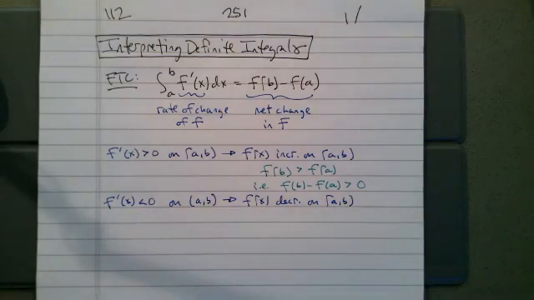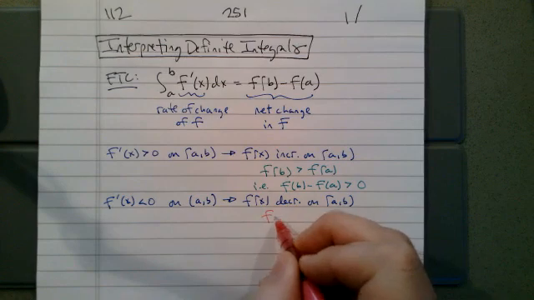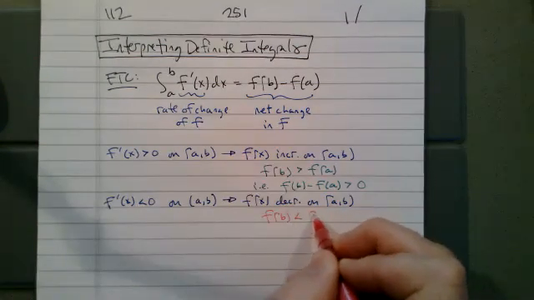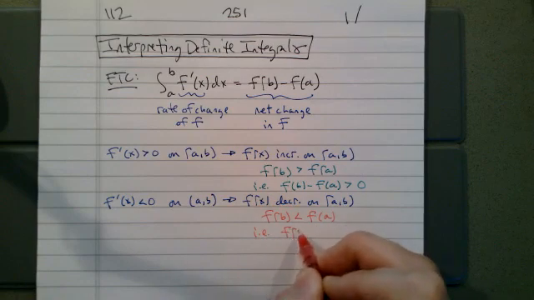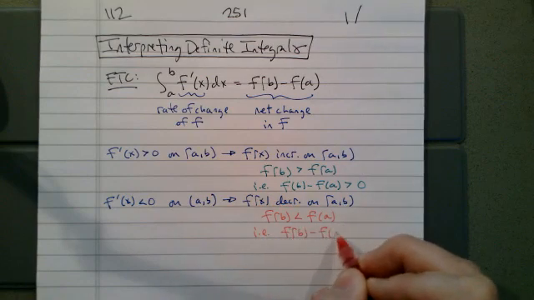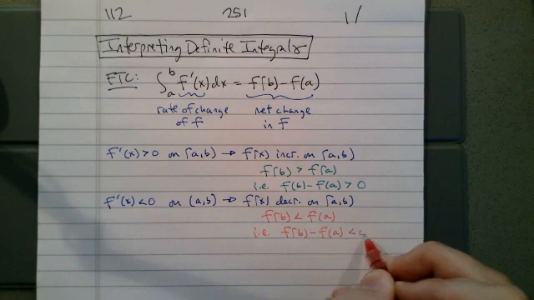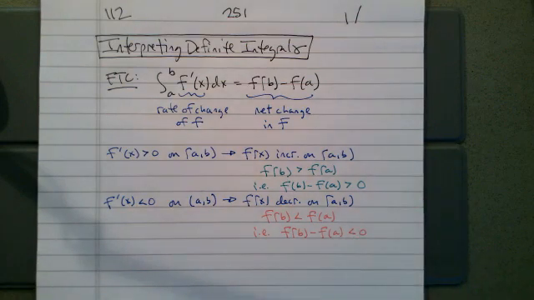And what that would mean is that f of b is less than f of a. And that would mean that f of b minus f of a will be less than 0, because we ended up at a value that is lower than when we started. That's what decreasing means. So it all matches together.